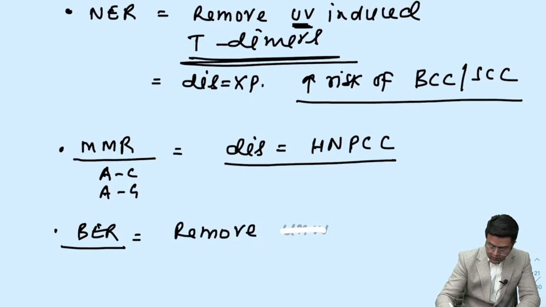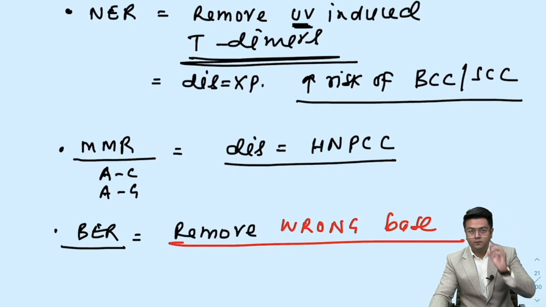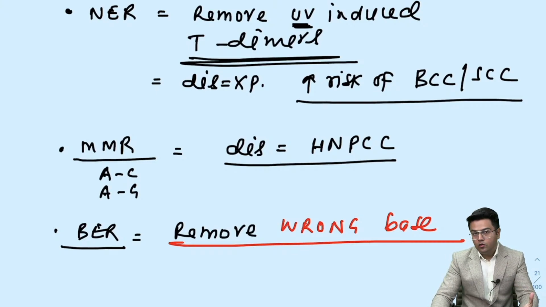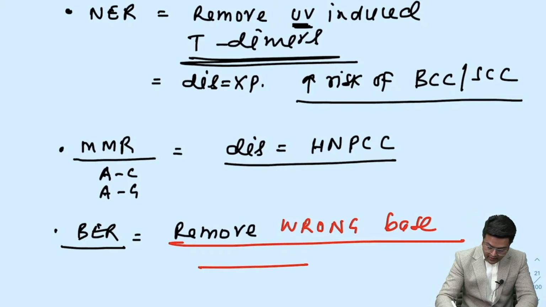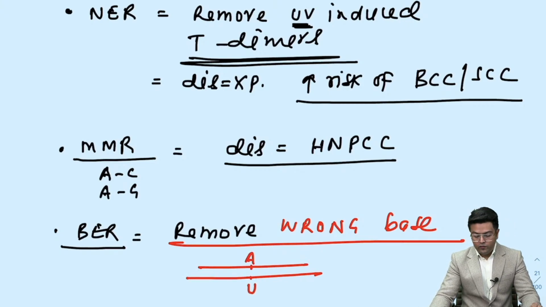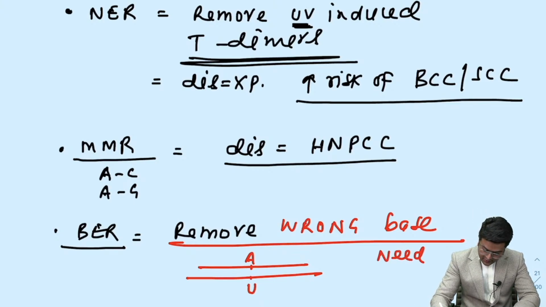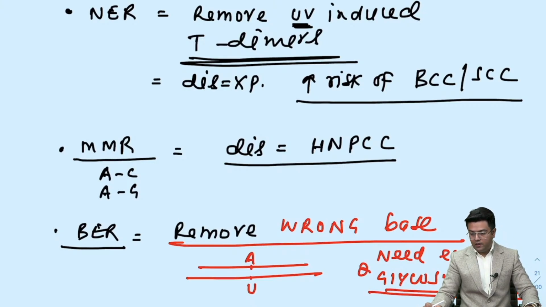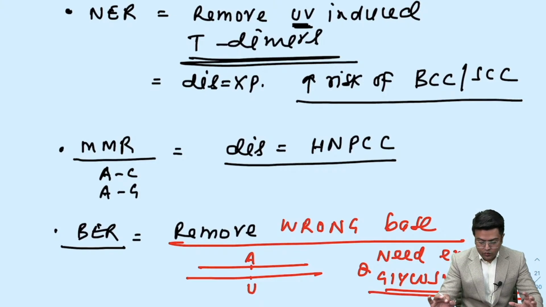Wrong bases are removed, for example, when adenine is bound with uracil, so you have to remove the U. This needs the enzyme called glycosylase, which removes the uracil.